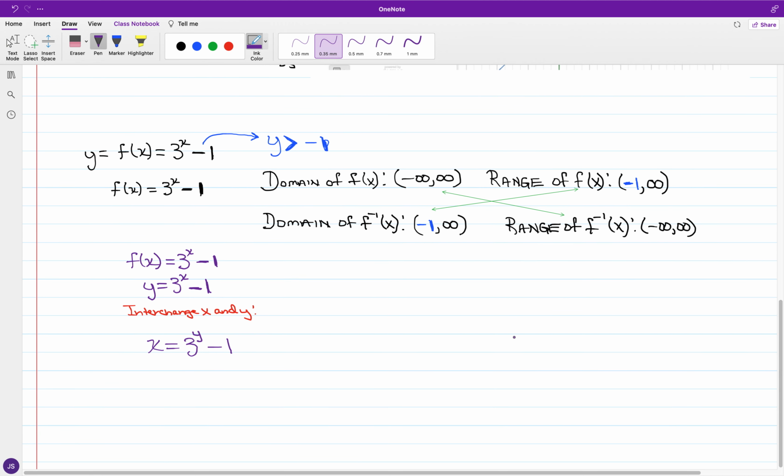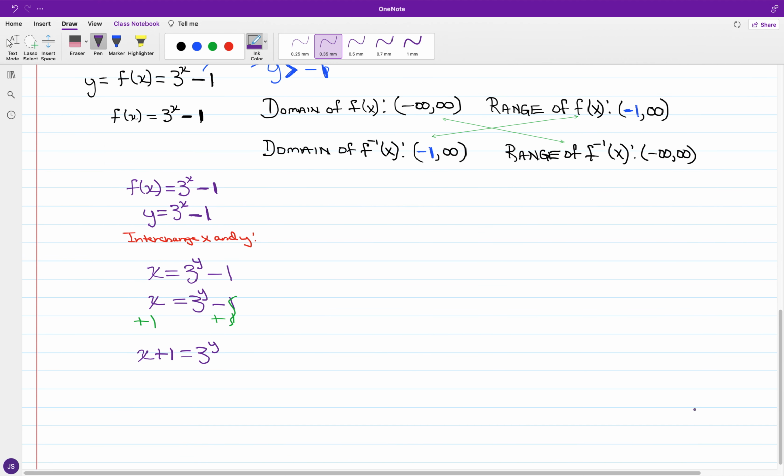And if I look at isolating the exponential base term, 3 to the y, I'm going to add 1 to both sides. So I have x plus 1 is equal to 3 to the y.